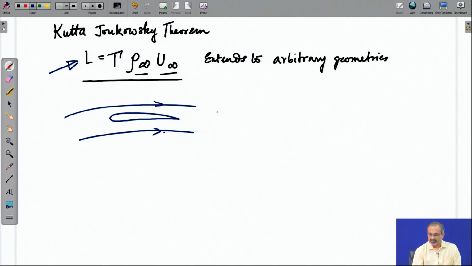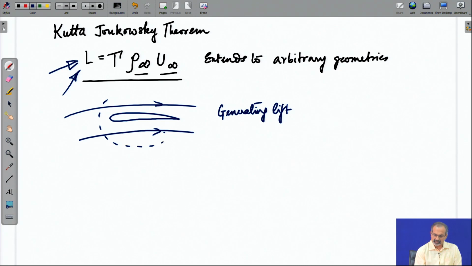If the airfoil is generating lift, the same expression would work for the airfoil. That basically means that if we take a closed curve around the airfoil, enveloping it, and we compute the circulation around it, we will come out with a non-zero value of the circulation.